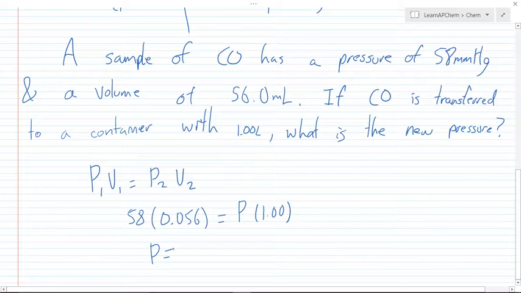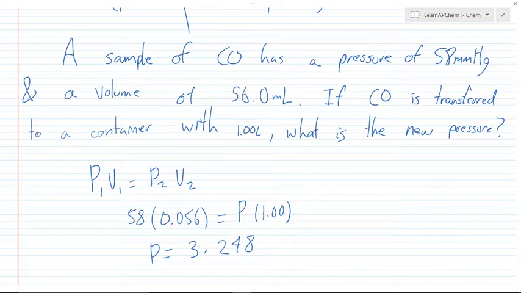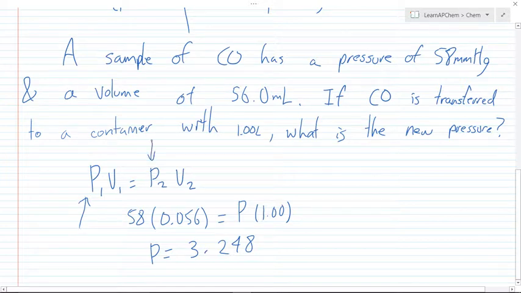Alright, let me get out my calculator to solve this. So 58 times 0.056 equals 3.248. Now we want to think about what my units are. The units of the P's have to be the same, and the V's must also be in the same units.